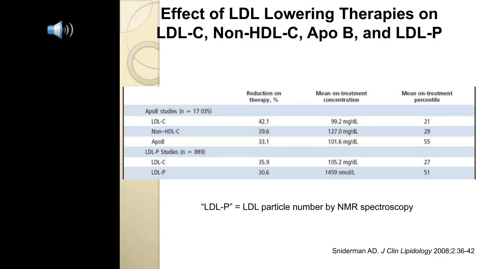Likewise, if we include measurement of particle number by NMR, again, a less flattering figure. So if we want to approach the proper assessment of our interventions, we probably need to use these measurements which are more directed towards LDL particle number.